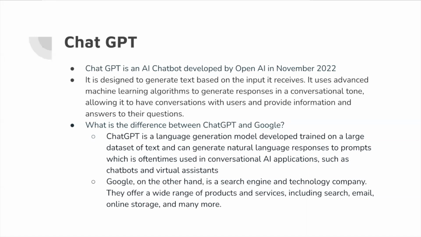Google just offers a lot more services. We see it offers email and online storage. ChatGPT doesn't do that. Like I said, the best way I could describe ChatGPT is you are having a conversation with a robot that is going to have the best answers based off other people's text, and it just uses algorithms to generate those responses.